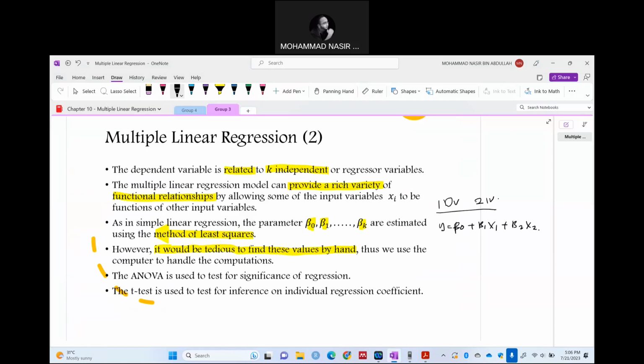Then we will use the ANOVA table to test the significance of regression, as we learned yesterday, to test the model fitness and the validity of the regression model. The t-test is used to test the inference of individual regression coefficients.